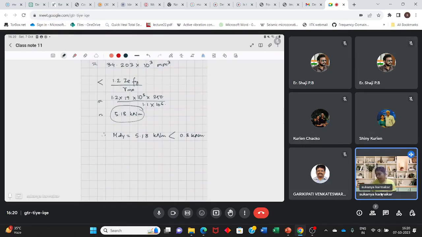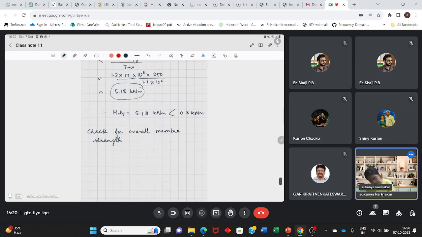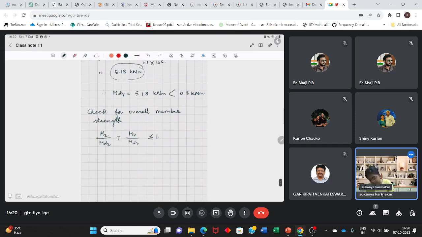Now we'll have to do the interaction. So check for overall member strength: M_z by M_dz plus M_y by M_dy is less than or equal to 1. 3.8 by 28.8 plus 5.5 into 0.8.